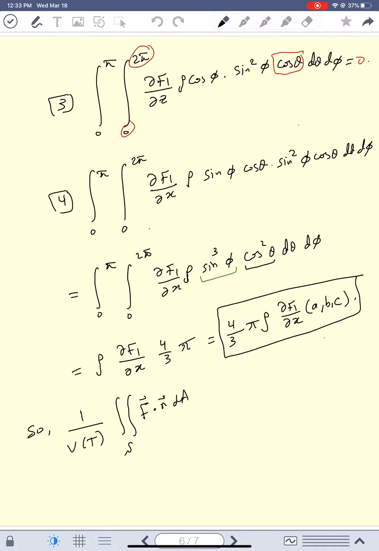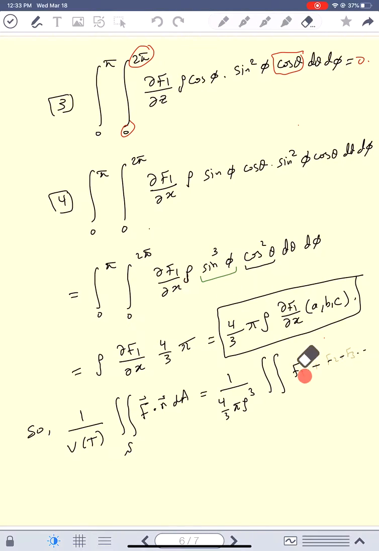In doing this, it's 1 over 4 over 3 pi rho cube times the double integral, which is what we did, and we had here f1, we had f2, we had f3, all these computations.